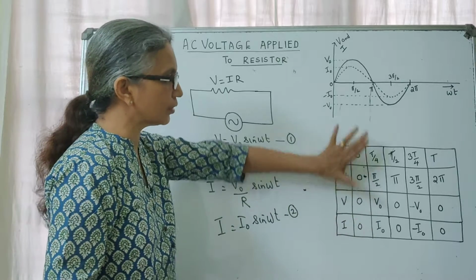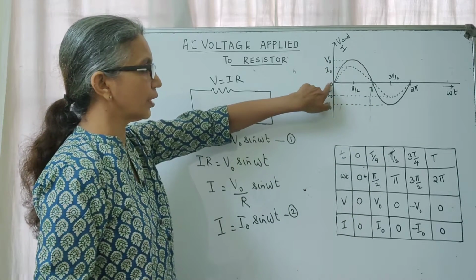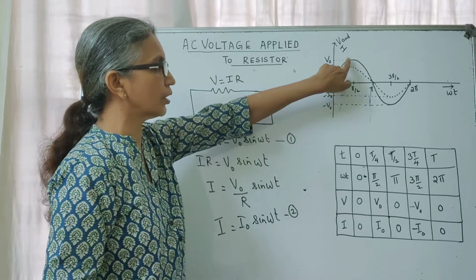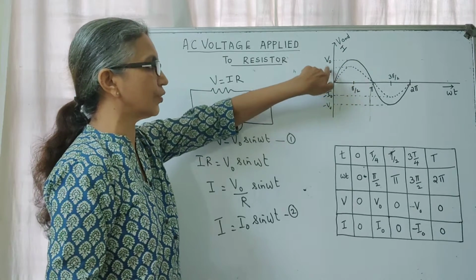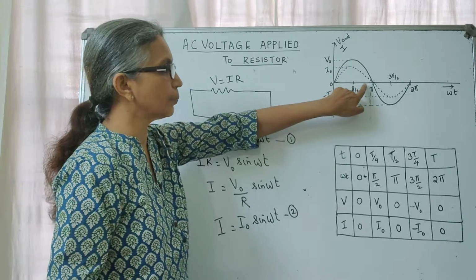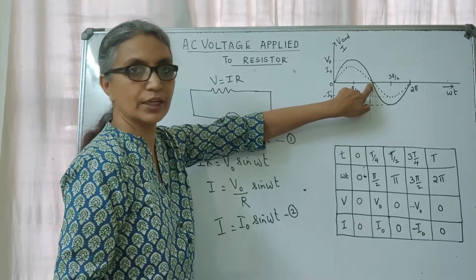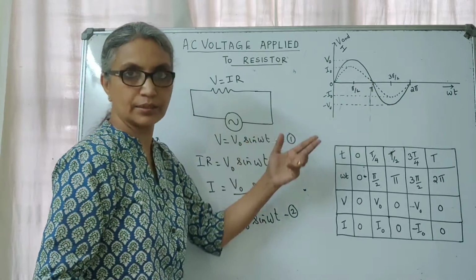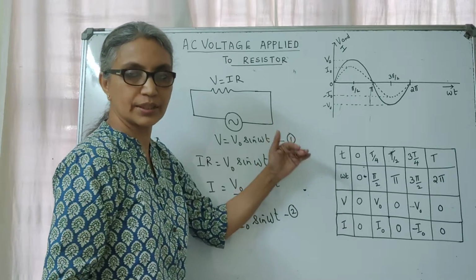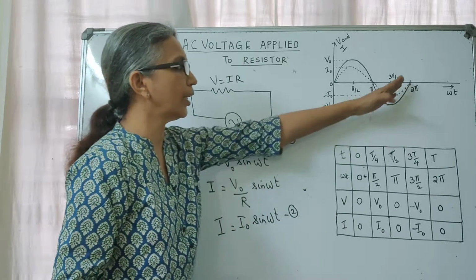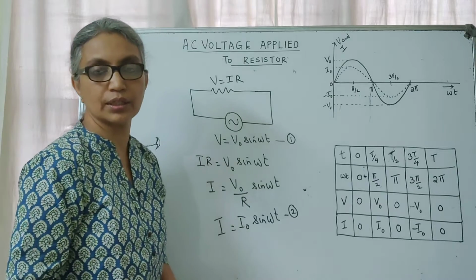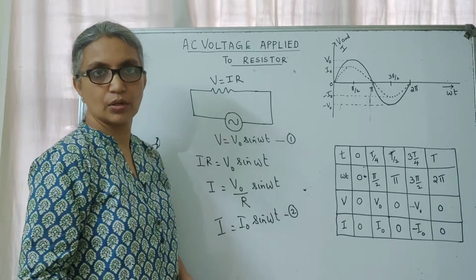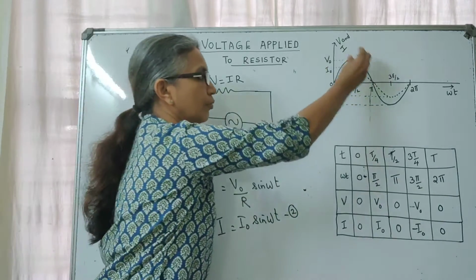If I represent this graphically, you will see at 0, both voltage and current take their peak values, V0 and I0. At pi, both of them attain 0 values. At 3 pi by 2, both of them take the peak values in the negative direction, minus I0 and minus V0. And at 2 pi, they attain the 0 values together, which means they are in phase.